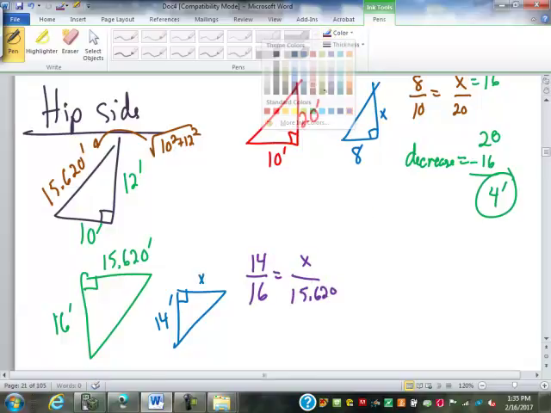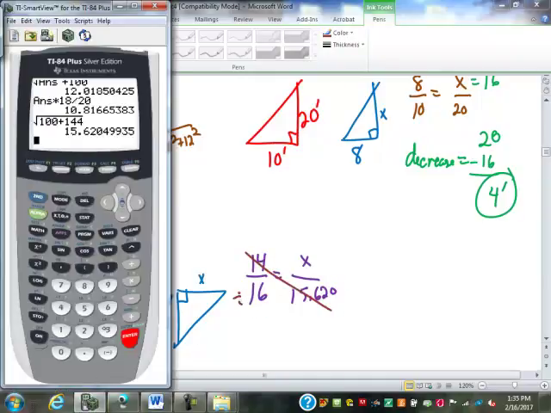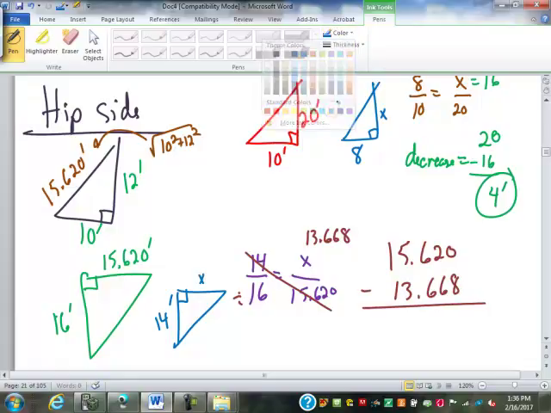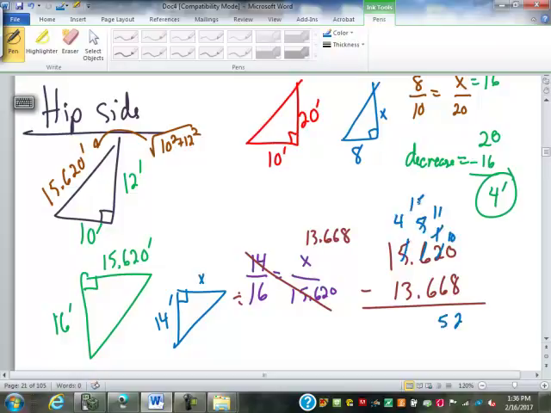So 14 over 16 equals x over 15.620. So 15.620 times 14 divided by 16 is 13.668. So now we subtract. 1.952 feet.